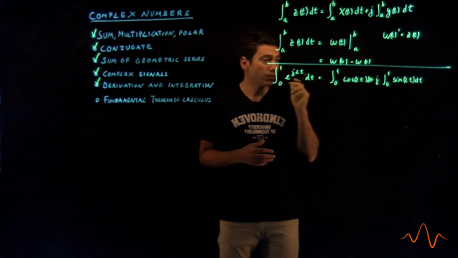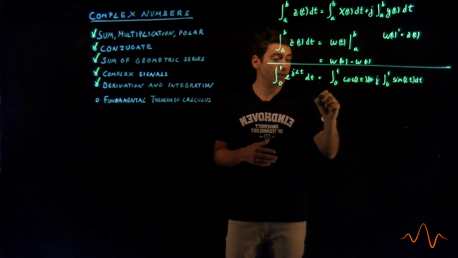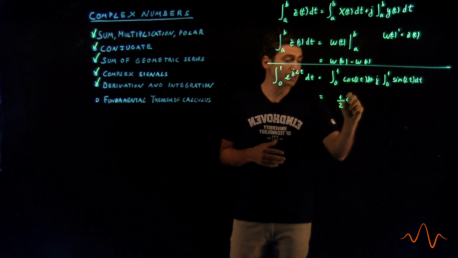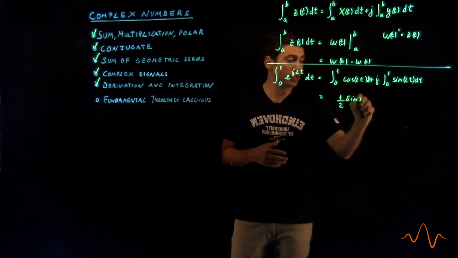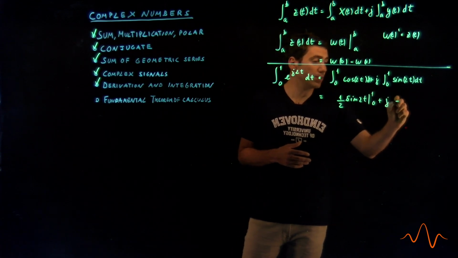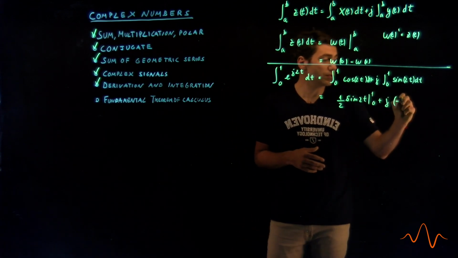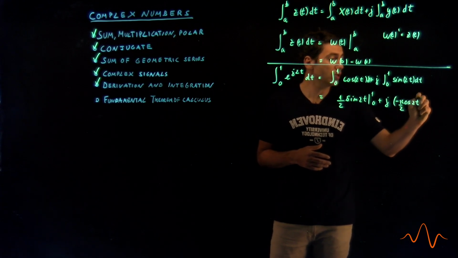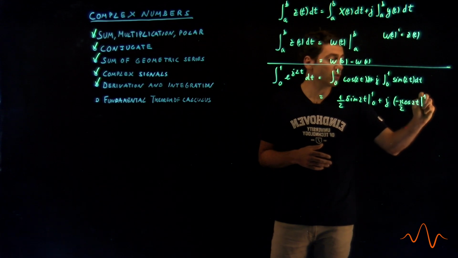Now, for the integral from 0 to 1 of cosine of 2t, we have to take the primitive, which is 1 over 2 sine of 2t evaluated between 0 and 1, plus j, the primitive of sine of 2t, minus cosine of 2t over 2, evaluated at 1 and 0.